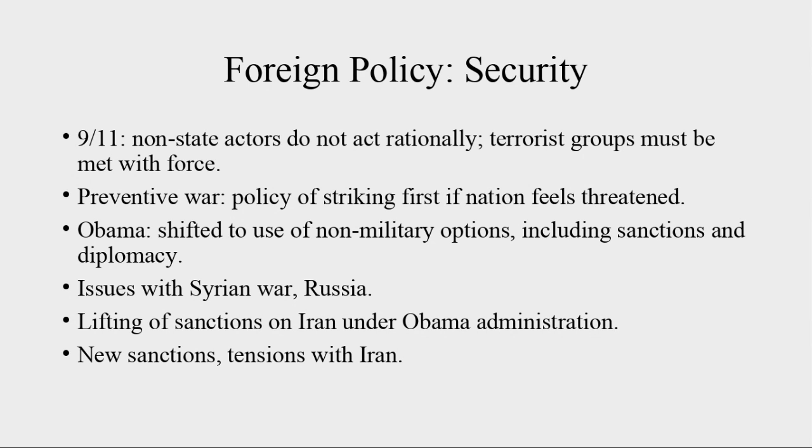The Obama administration was willing to lift sanctions on Iran. Iran was trying to develop a nuclear weapon. So we basically said to them, look, if you promise to stop trying to develop a nuclear weapon, we'll lift economic sanctions on you. So they agreed.